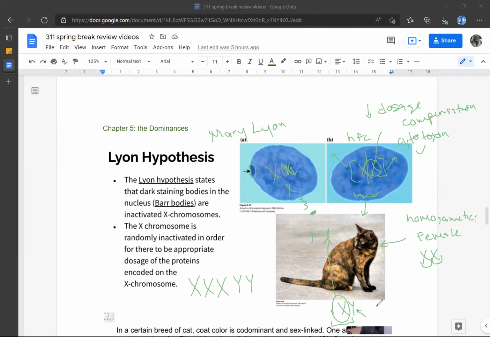You don't find bar bodies in male cells, assuming that they have a single X. So when we're looking at this individual, we can disregard their Ys because their Ys aren't contributing to the products that might cause our cells to overdose. Once again, our cells only need the instructions that come from one X chromosome. So in this case, because they have 2 extra, these 2 will both be condensed down into bar bodies so that we maintain our single X dosage.